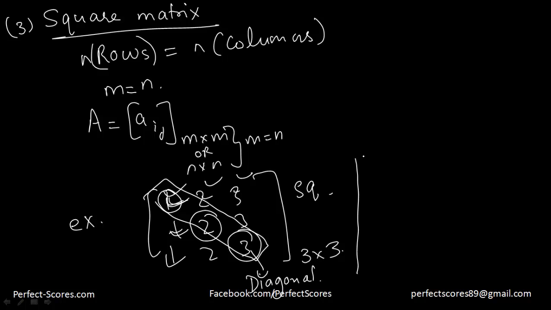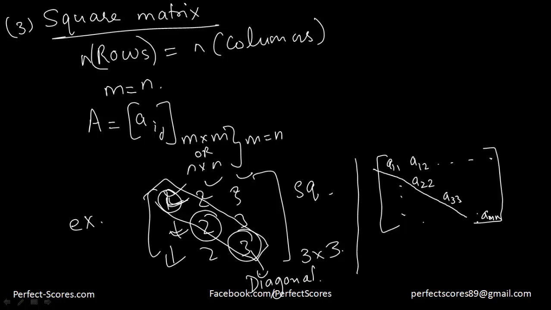Suppose this is a square matrix where you have a11, the first row and the first column, a12, the first row and the second column, and so on. The elements a11, a22, a33 and all the way till the end are going to constitute the diagonal of a matrix. I suppose you're understanding this point, guys. This is known as a square matrix.